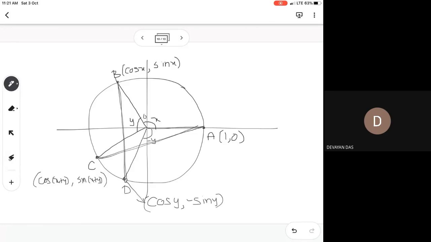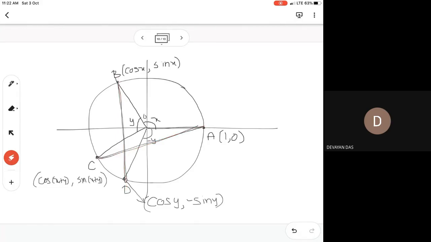This length is equal to this one, and this length is equal to this one, and the included angle, this angle, is equal to this angle. Then the two triangles are congruent, so this length will be equal to this length. So BD and AC are equal in length.